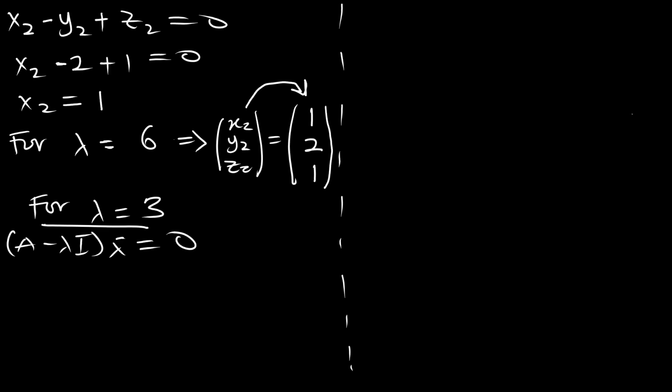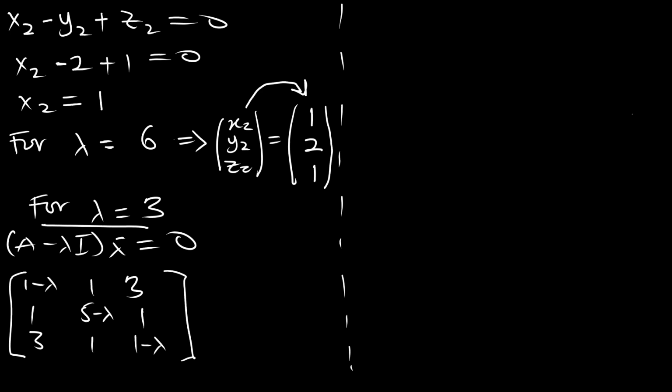So we already know the expression for A minus lambda I, which is 1 minus lambda, 1, 3, 1, 5 minus lambda, and we have 1. This is 3, 1, and 1 minus lambda. Since this is the third part, I'm going to represent the vector as x3, y3, and z3. Everything is equal to 0.